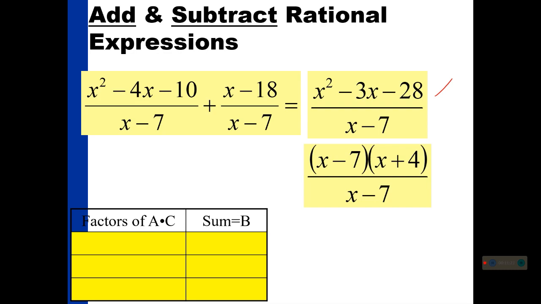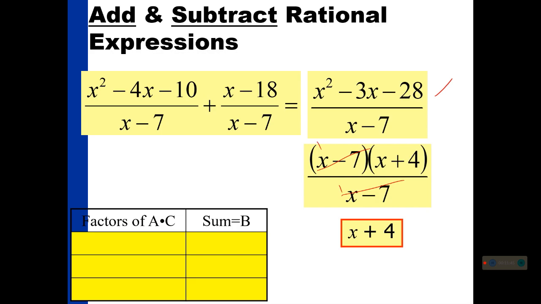And then you can cancel out the common factor. We have here to cancel out x minus 7 and x minus 7, so this will become 1, and then we are left with only x plus 4, and that is our final answer.